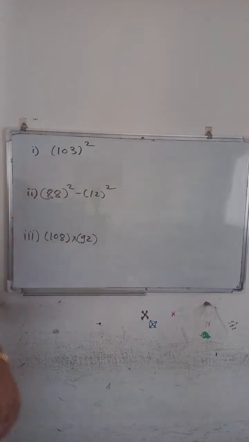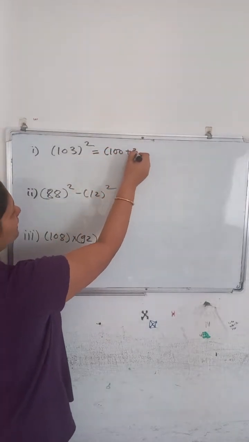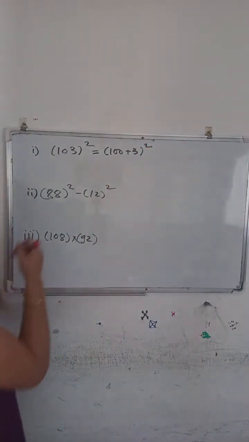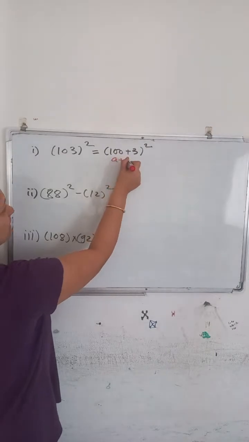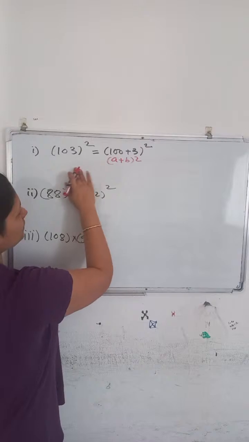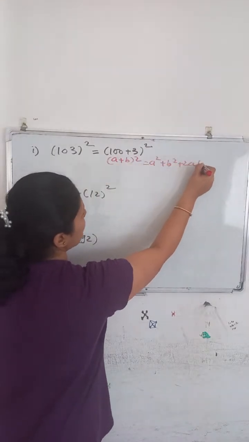So here 103 is there, then you can split this 103 like 100 plus 3 whole bracket square. You can treat this as a and this as b, whole bracket square, and a plus b whole square is nothing but a square plus b square plus twice ab.